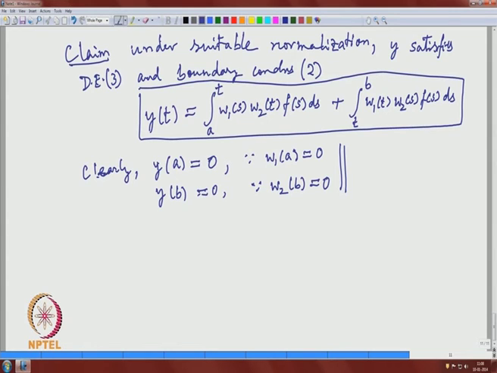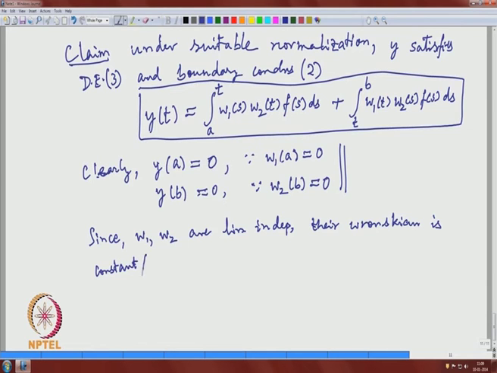Since w 1 and w 2 are linearly independent, their Wronskian, as we have already seen, is a constant divided by p t, and that is the normalization.